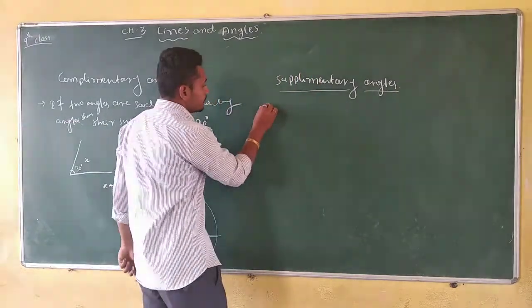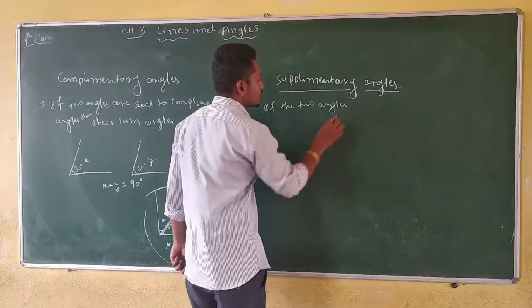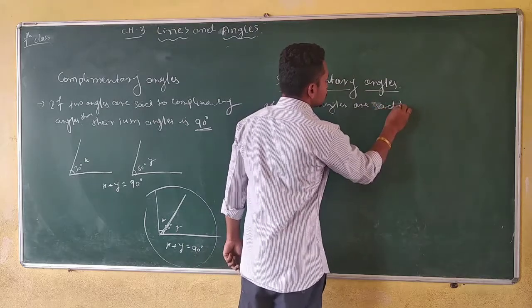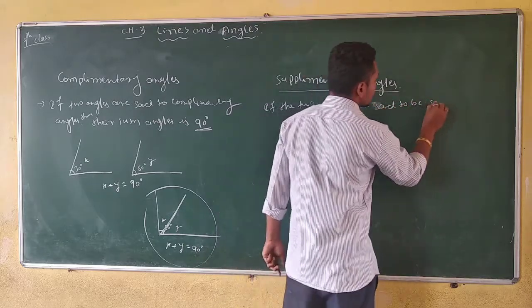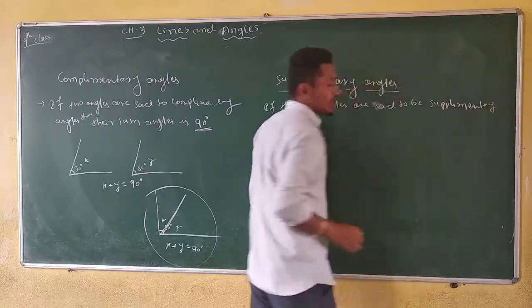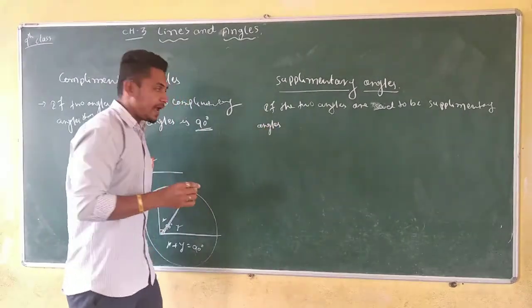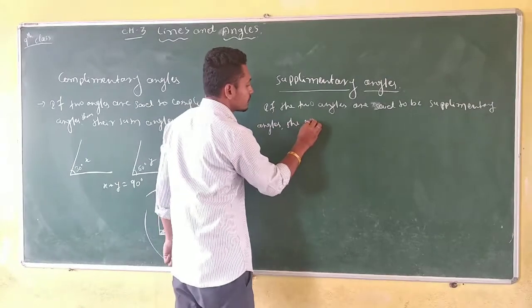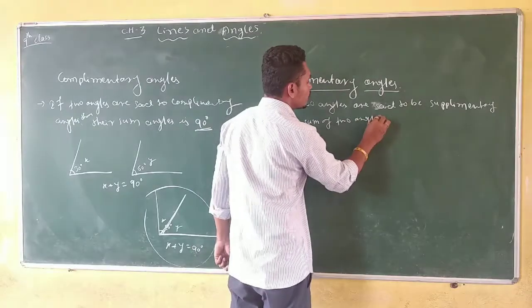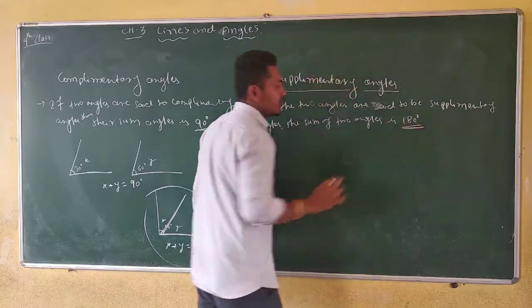See here, if two angles are said to be supplementary angles, then the sum of the two angles is exactly 180 degrees.